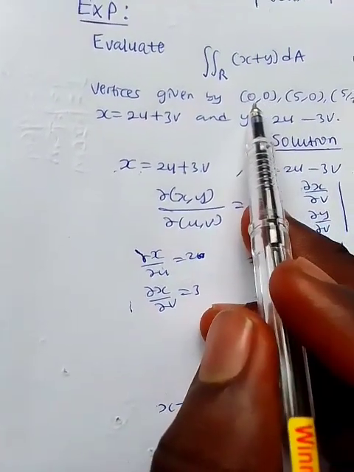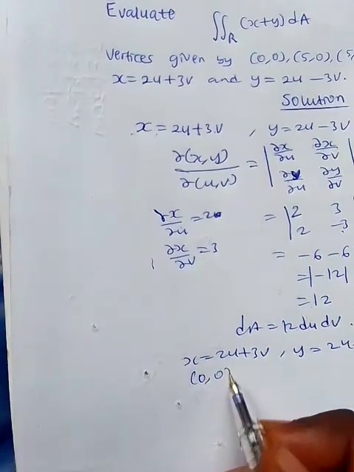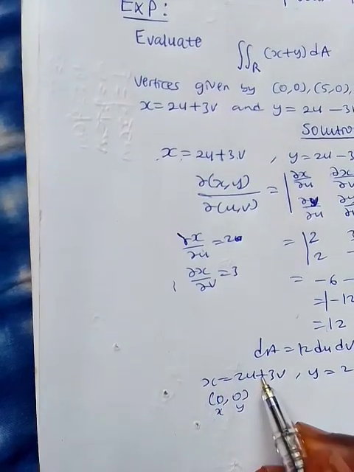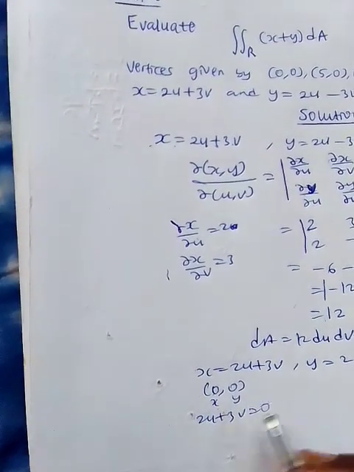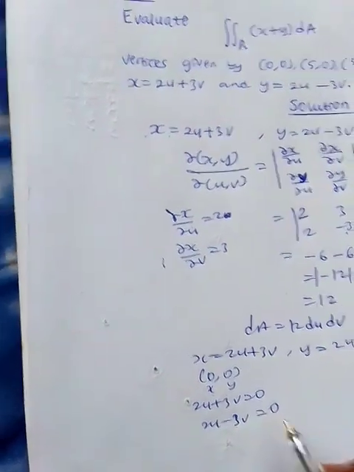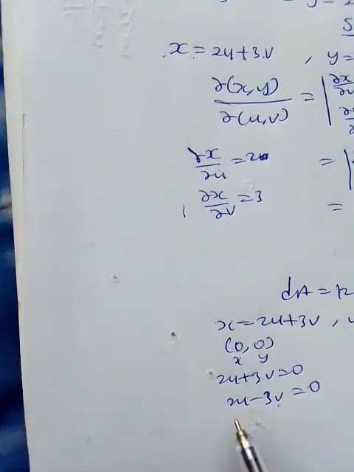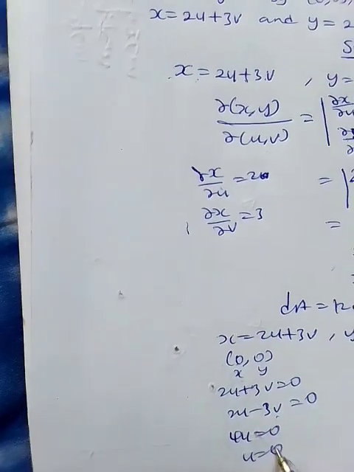Taking the first vertex, which is (0, 0), when x is 0 we have 2u plus 3v equals 0. When y is 0, we have 2u minus 3v equals 0. When we add these two together, we're going to have 4u equals 0, which is simply u equals 0.